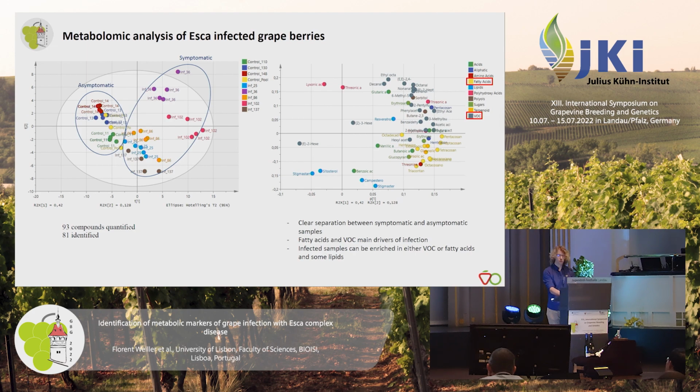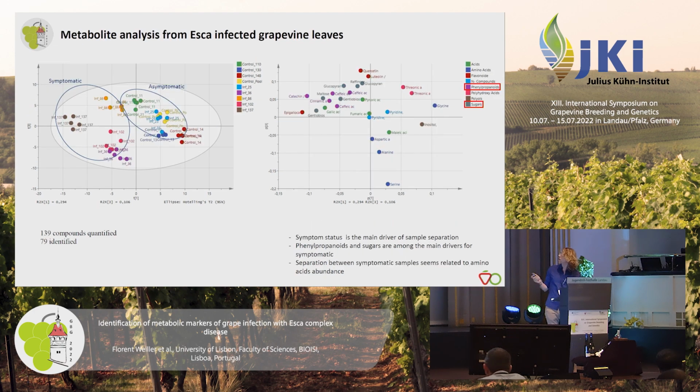On the second dimension, you can see mostly separation between the different infected samples that seems to be driven on one side by the volatile organic compounds and on the other mostly by fatty acids and some lipid components.